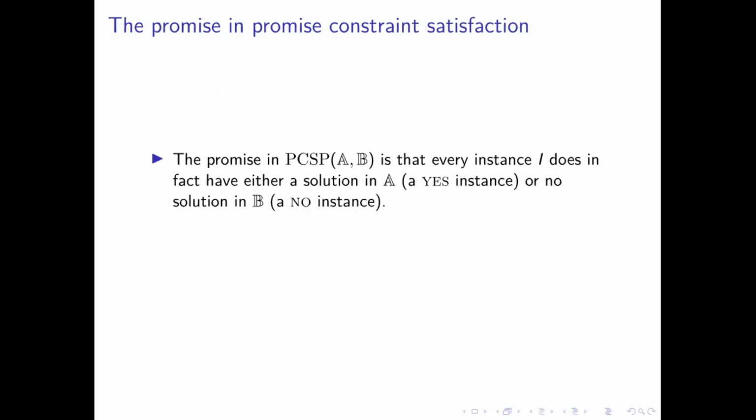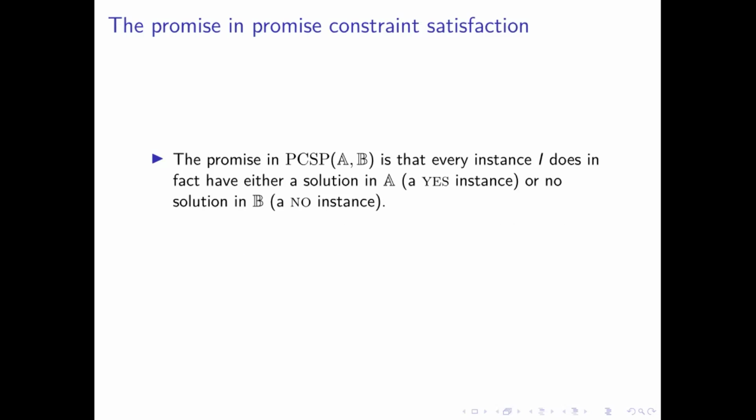Okay. So this is called a promise constraint satisfaction problem because the input instances are promised to satisfy that either there's a solution in A, which is called the yes instance, or there is no solution in B. So you can't have a solution in B with no solution in A. So every instance will satisfy that it's either a yes instance or a no instance.